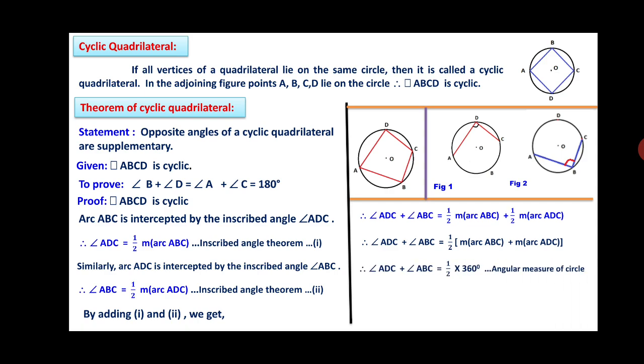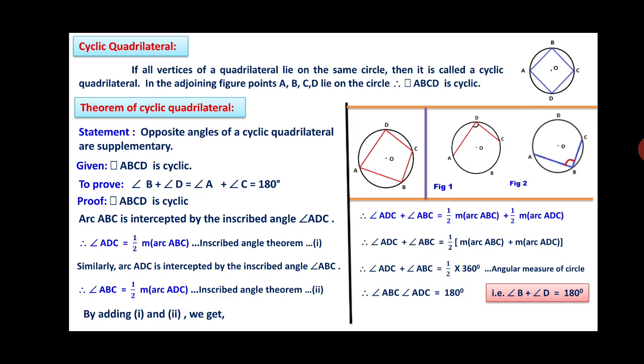Since the measurement of arc ABC plus the measurement of arc ADC forms a complete circle, it equals half into 360. After simplification you get 180 degrees.